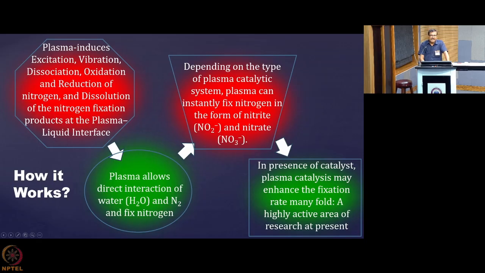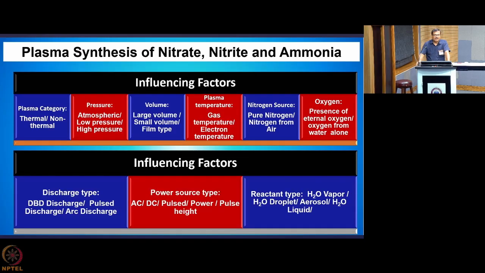Depending on the type of plasma catalytic system, plasma can instantly fix nitrogen in the form of nitrate or nitrite. In the presence of a catalyst, plasma catalysis may enhance the fixation rate manifold, a highly reactive area of research at present. So this is basically the process by which plasma fixes nitrogen in water.